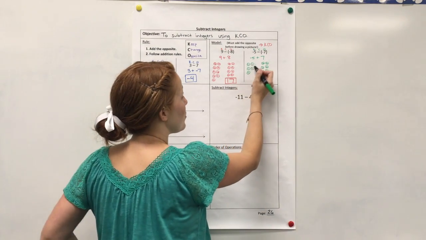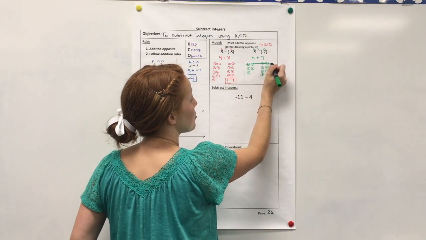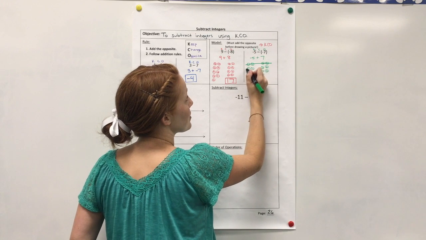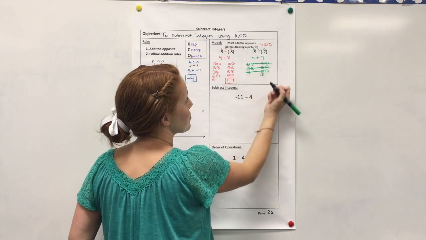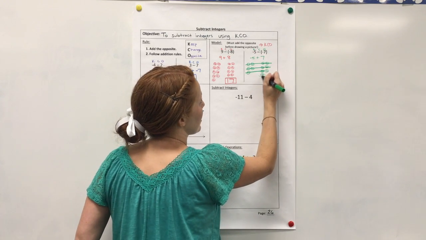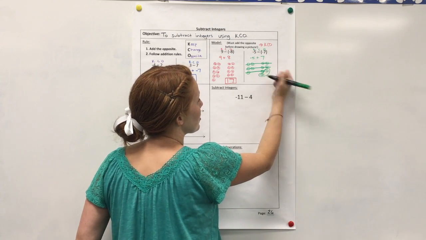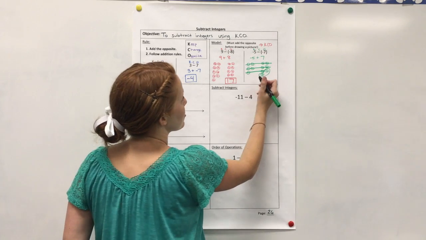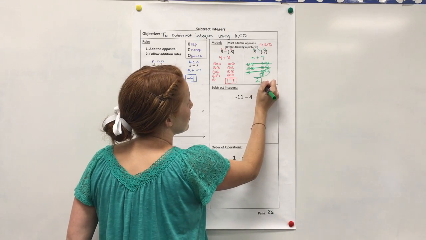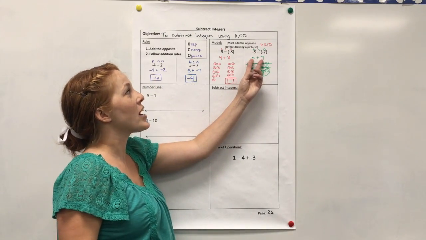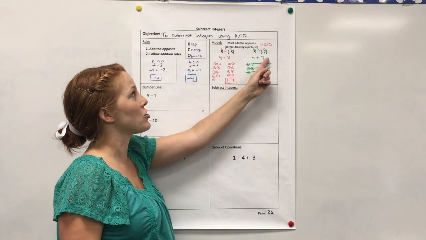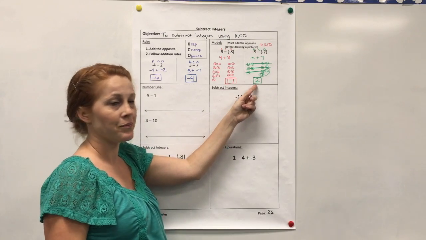So I have 2 negatives and 2 positives, so I'm going to cross those out. 2 negatives and 2 positives, cross those out, and then 1 negative and just 1 of the positives. Well, now you can see I have these 2 left over, and they're positive. So my answer would be positive 2. Okay? Different signs subtract, which would be 2. Sign of the larger, it's positive, so positive 2.